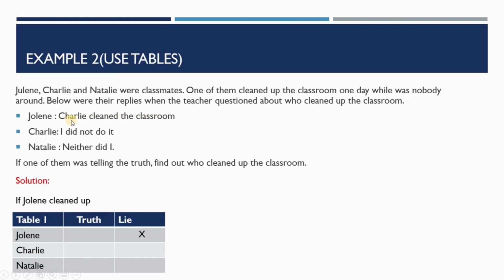Julian said Charlie cleaned up the classroom. Charlie said, I did not do it. And Natalie said, neither did I. If Julian cleaned up, then Julian himself is telling a lie, Charlie is telling the truth, and Natalie is also telling the truth.